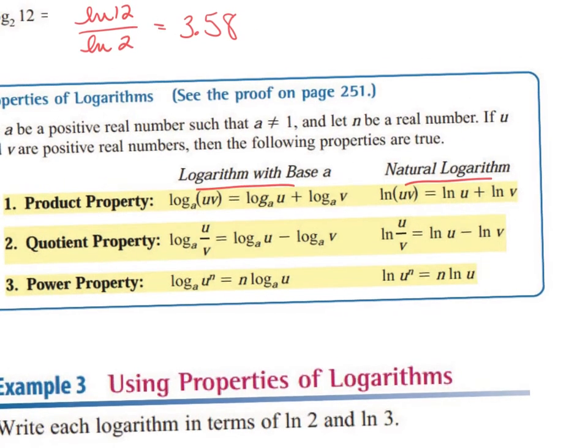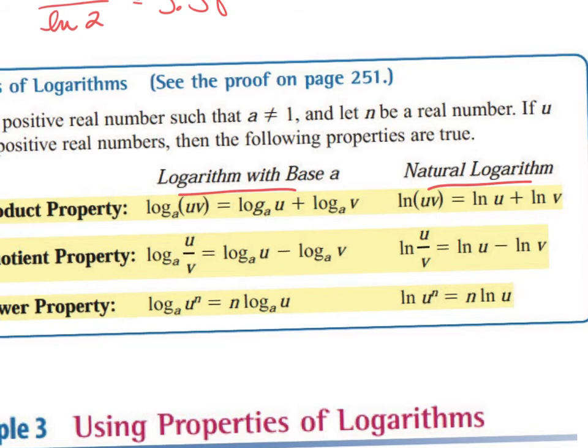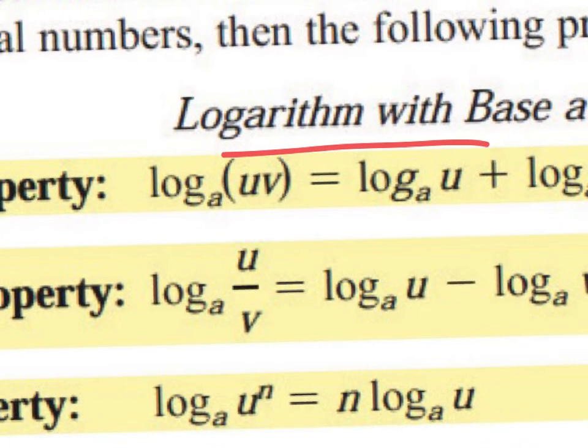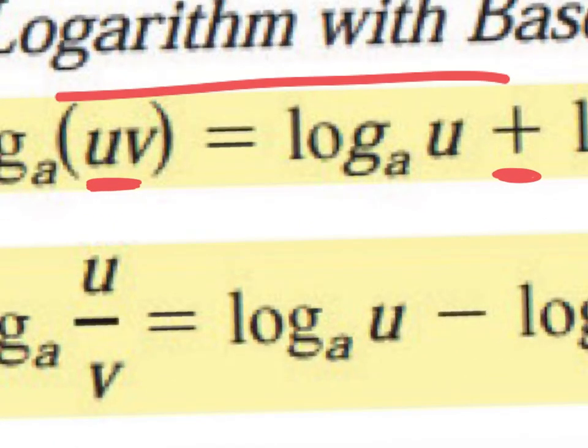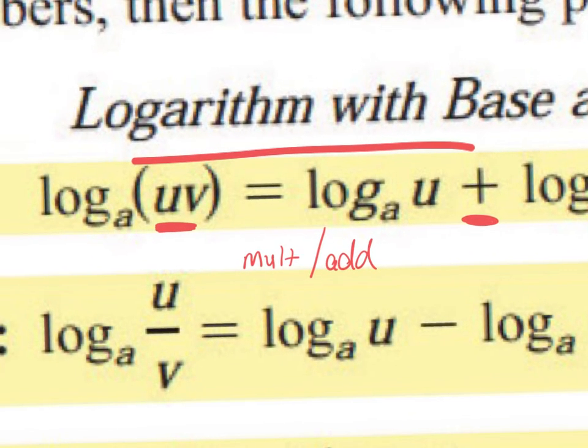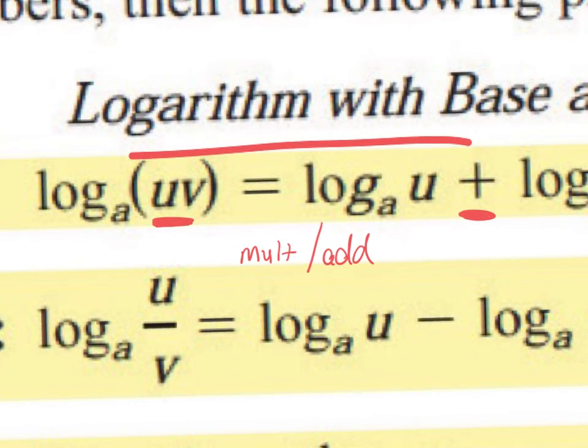What we need to remember, what is going on right here between u and v? Multiplication. And what's going on with it over here? Adding. You need to remember that multiplication goes with addition and vice versa. Multiplication goes with addition. Addition, multiplication.